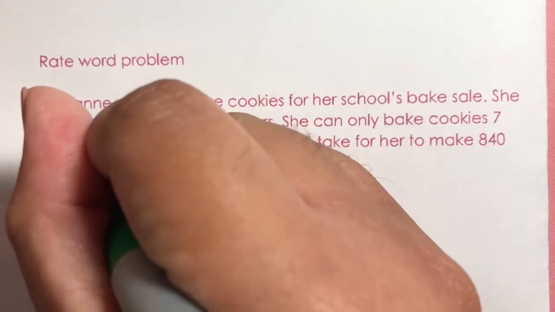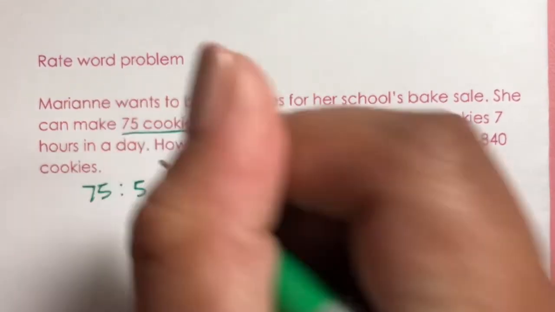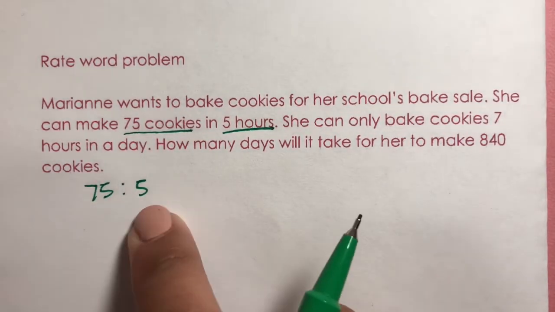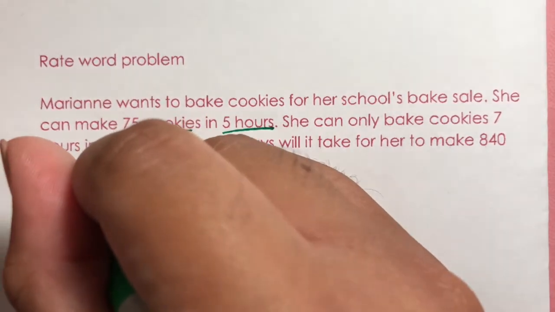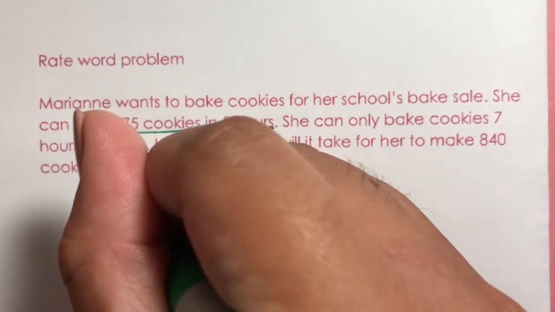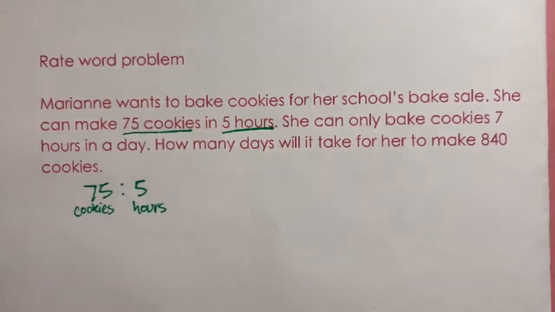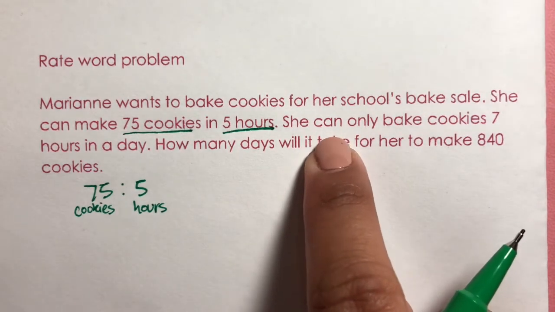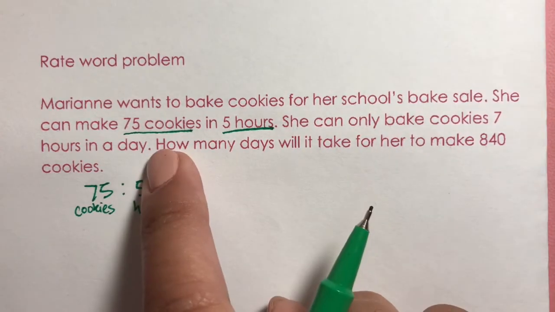So I'm going to write that as a ratio: 75 cookies to 5 hours.